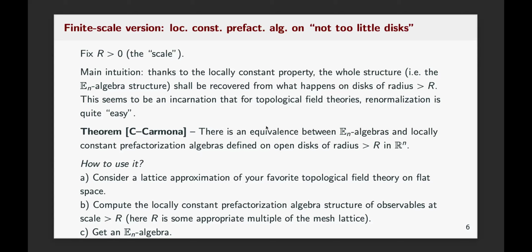Because if you take too small one, you might actually miss any site of your lattice approximation, and it's going to be just trivial. So usually the scale R depends on the mesh of the lattice, and then you get an E_n algebra, and that's going to be the E_n algebra that encodes the structure of observables of your topological field theory.